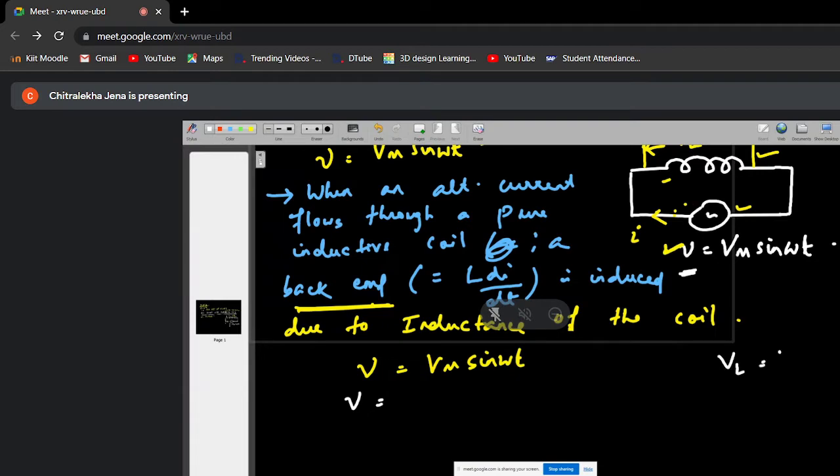VL is equal to how much? Just now I told you an EMF will be induced in it, equal to L di by dt. So can I write V is equal to Vm sine omega t, equal to L di by dt? Am I clear up to this, or is there any confusion?